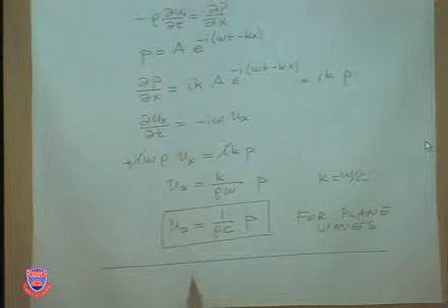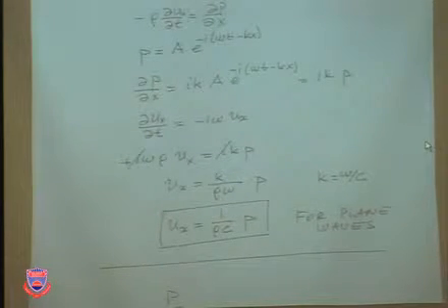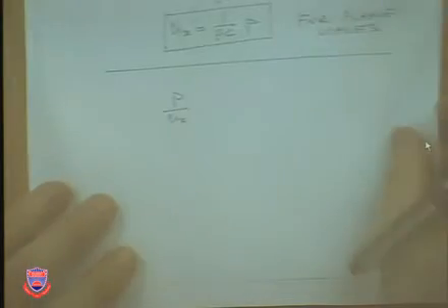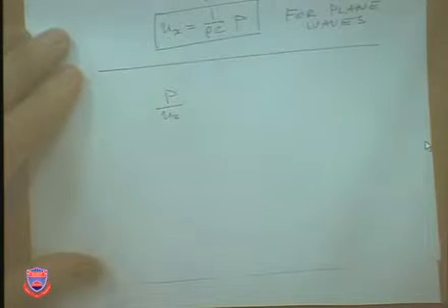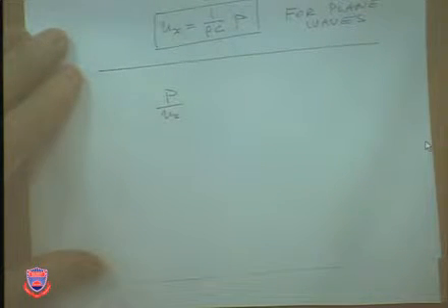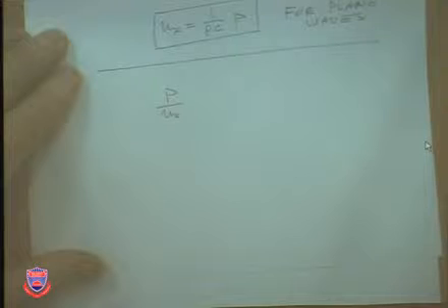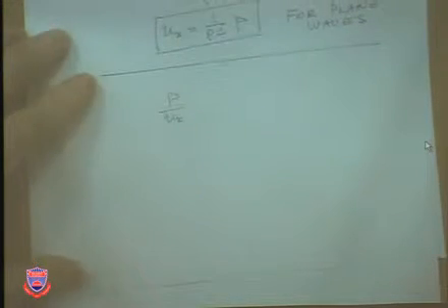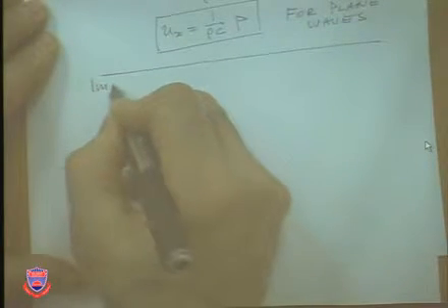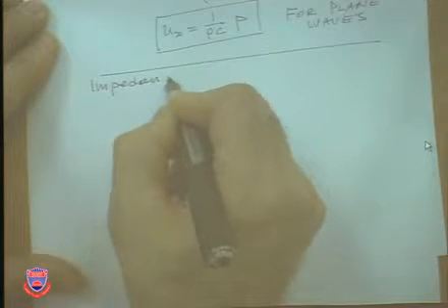Let's take a look at this expression a little bit more. What is it? What's the ratio? Okay. What is this expression? Exactly. Impedance. Pressure over particle velocity. So we call this the impedance.